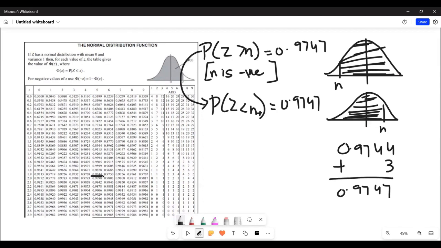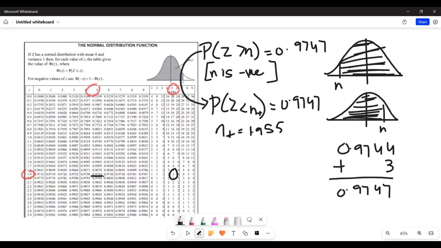Where is the 3? Here. So 5, it's going to be 1.955. So n positive is going to be 1.955, but the actual n is going to be negative 1.955.